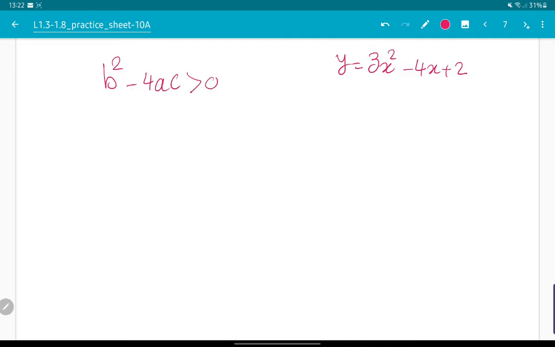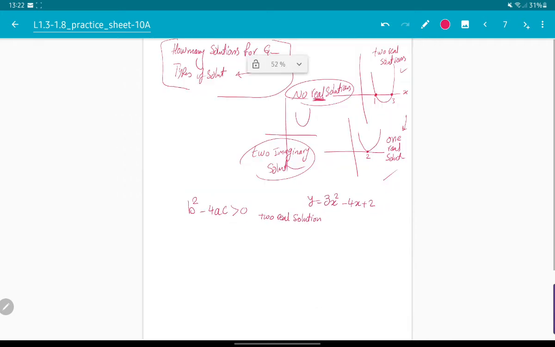If it's bigger than 0, if it's positive, it means it has two real solutions. You know why? B squared minus 4ac is the thing that is inside the square root. Let's check.